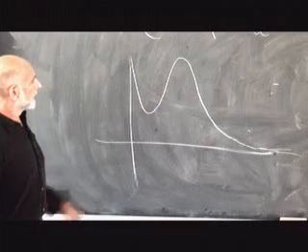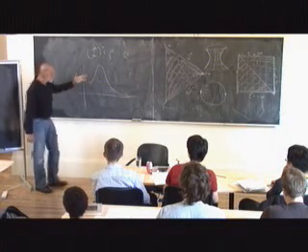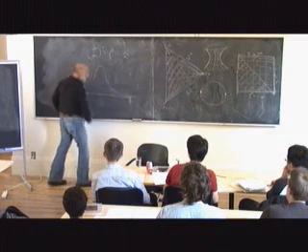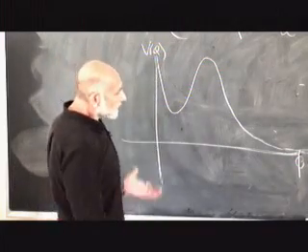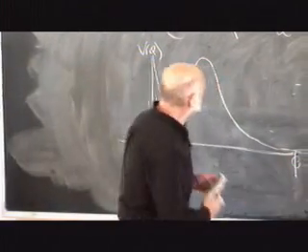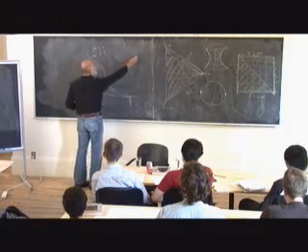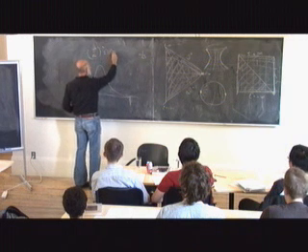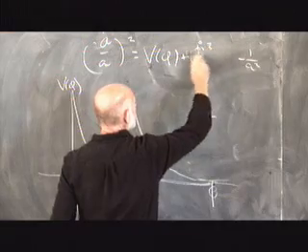Now, this of course is the potential energy as a function of a field, phi. This is phi. This is the potential energy V of phi. There's also kinetic energy. If I wanted to write this in detail, I would write the potential energy plus the field kinetic energy, phi dot squared over 2.